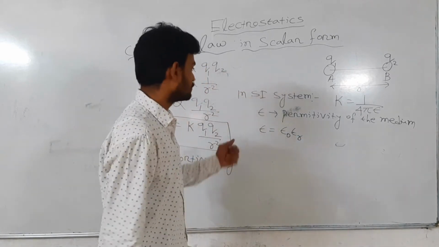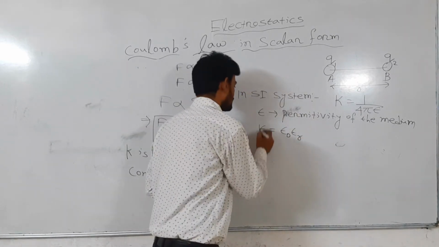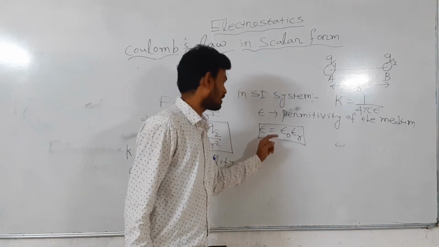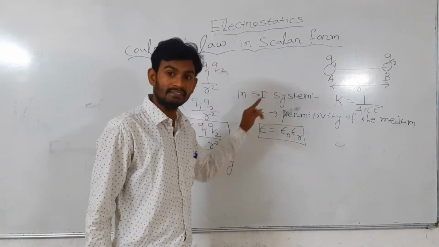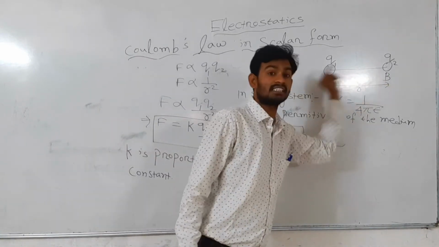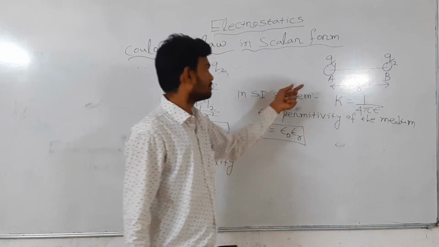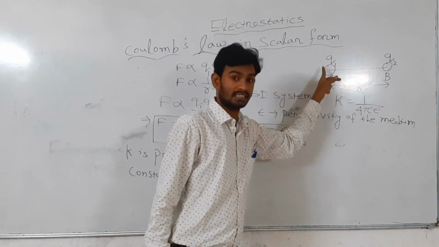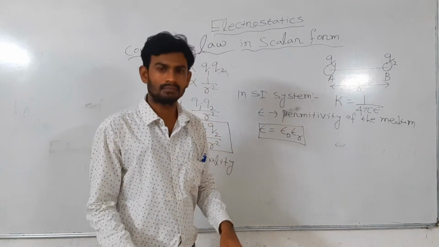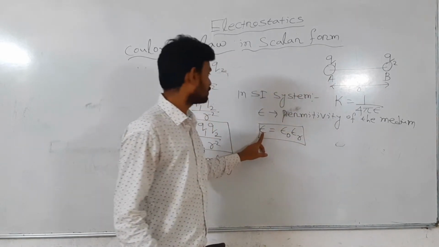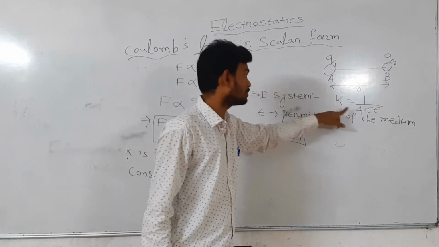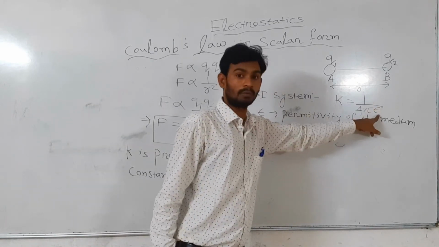Epsilon is the permittivity of the medium in which these two charges are placed. It means if these two charges are placed in a water medium, then we have to find out the permittivity of that medium. Then we have to put that in 1 by 4 pi epsilon.